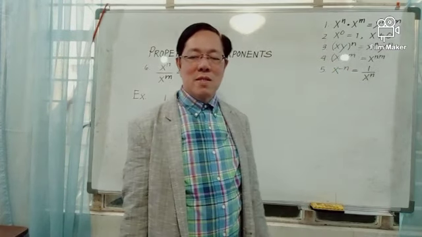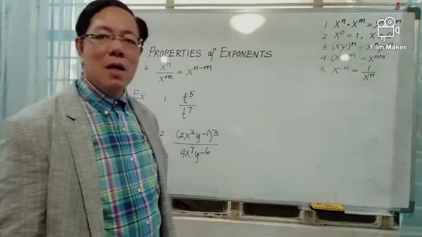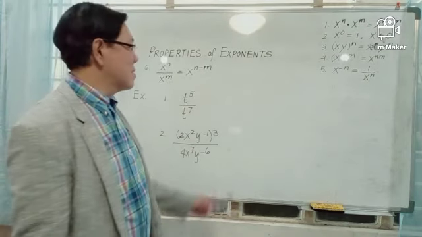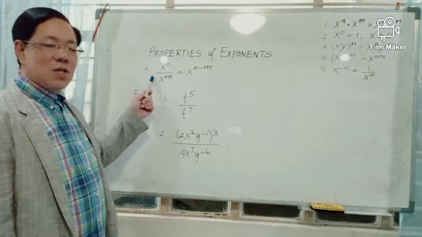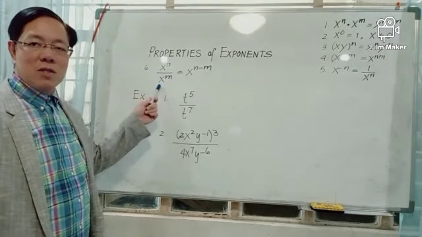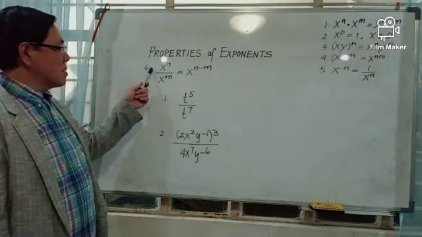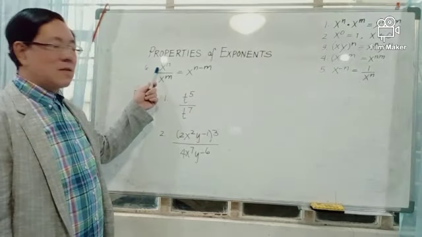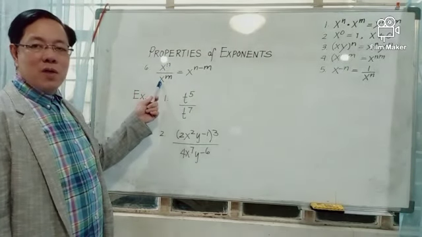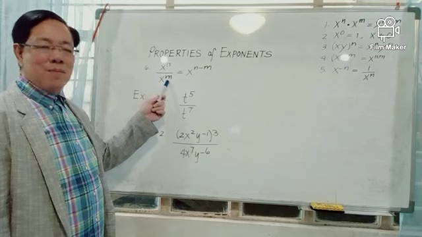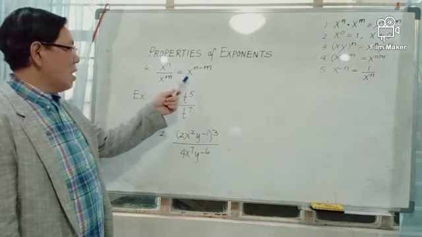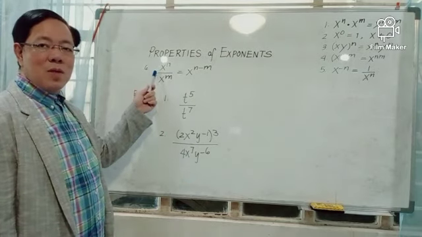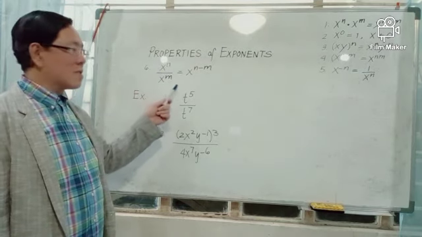Now we will take the sixth property of exponent. And the sixth property is for the quotient of two exponential notations. This property says x to the n over, or divided by, x to the m is equal to the common base x. Common base in the numerator and denominator is x.